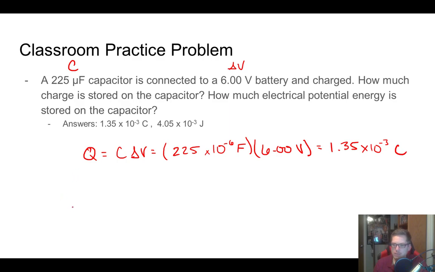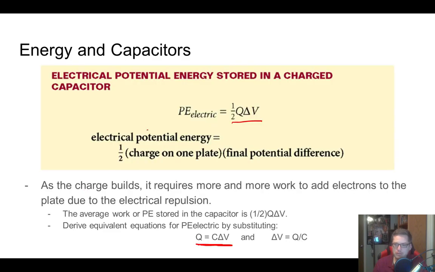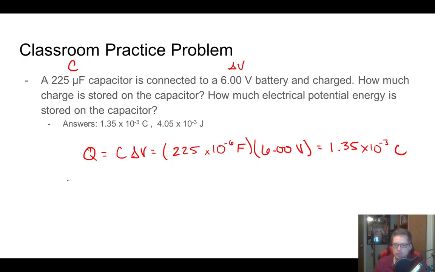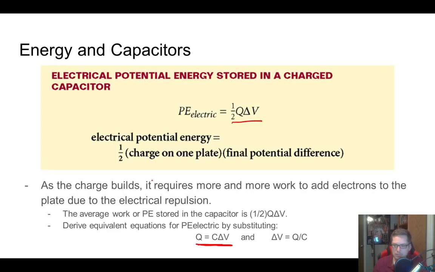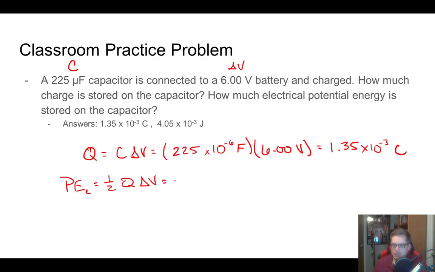It asks how much electrical potential energy is stored on the capacitor. For this we use our new formula: PE electric is equal to 1/2 Q delta V. Our Q value is what we got before, 1.35 times 10 to the minus 3 coulombs, times our delta V of 6.00 volts, and don't forget the 1/2.